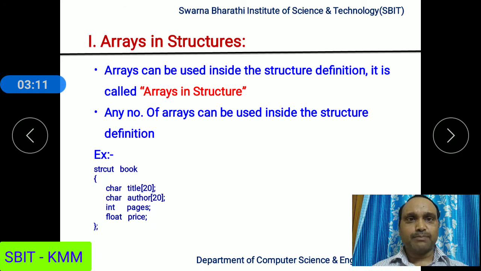Take the example of the textbook structure. There we have used a character array called title to store the title of the textbook. Similarly, we have used another character array, author, to store the person who wrote that textbook.